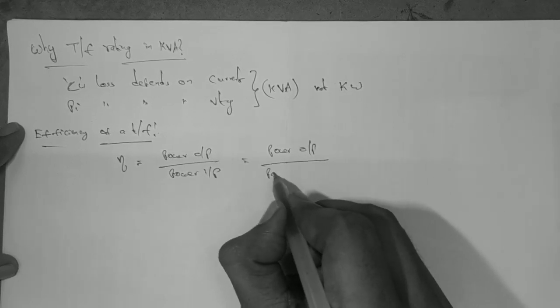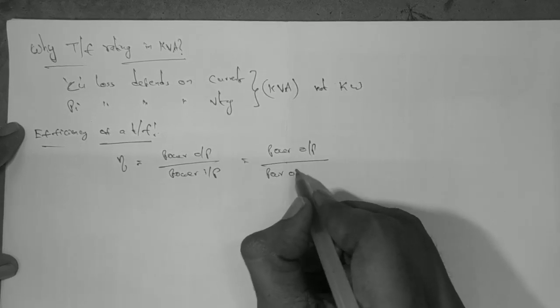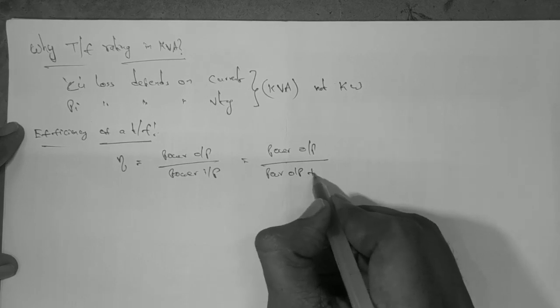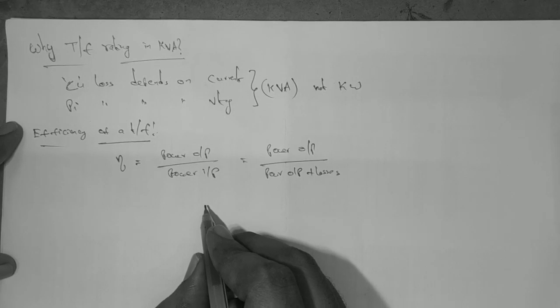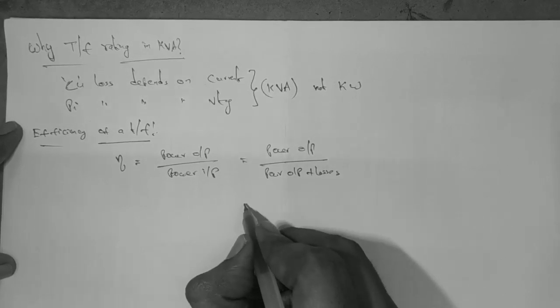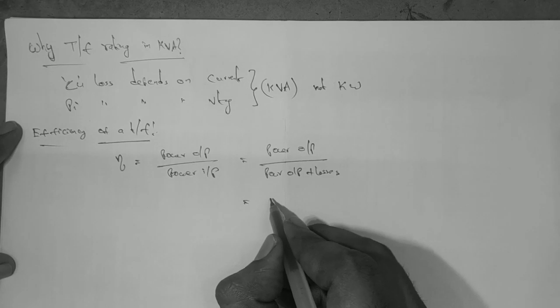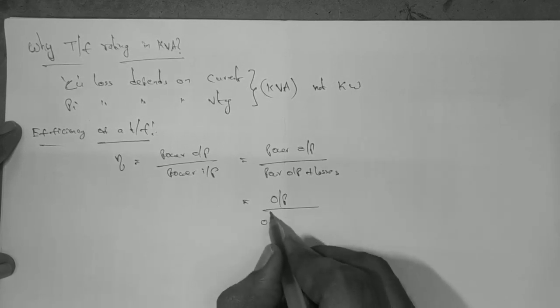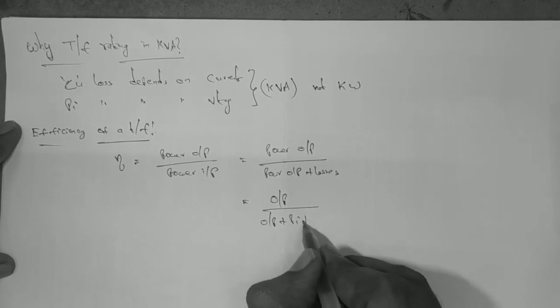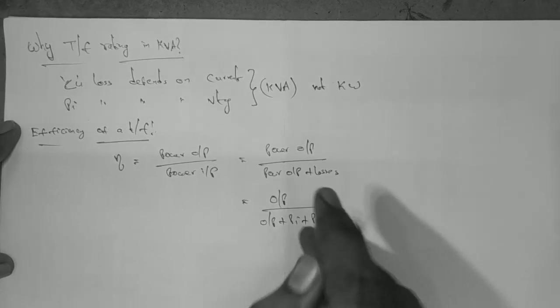In the first case, efficiency is power output divided by power output plus total losses, that is iron losses, which are constant losses, plus copper losses, which are variable losses.